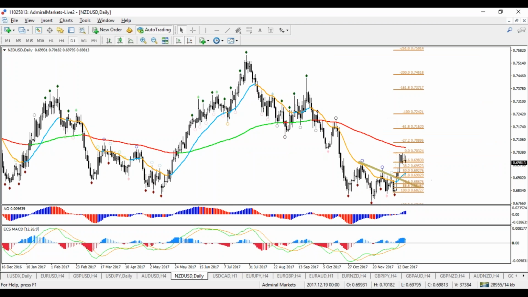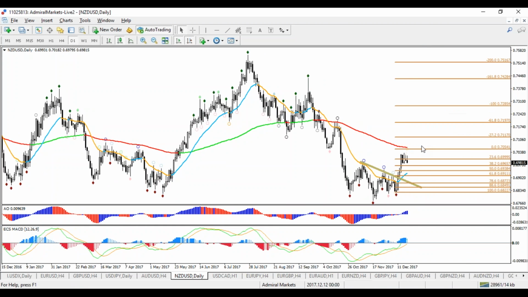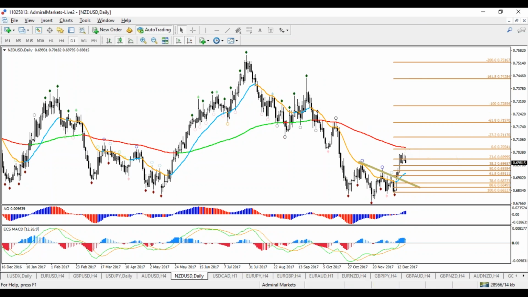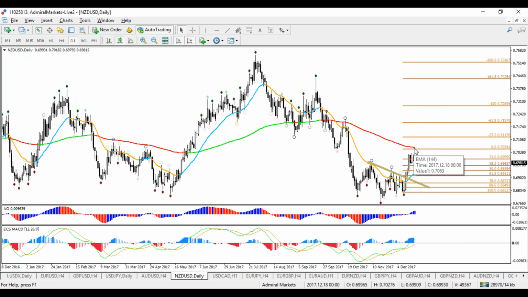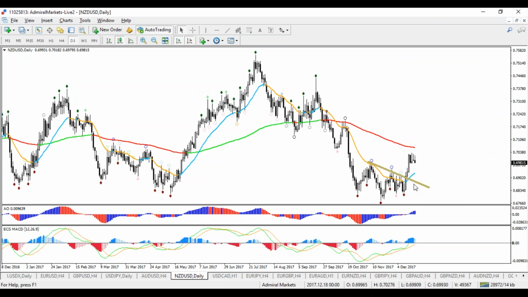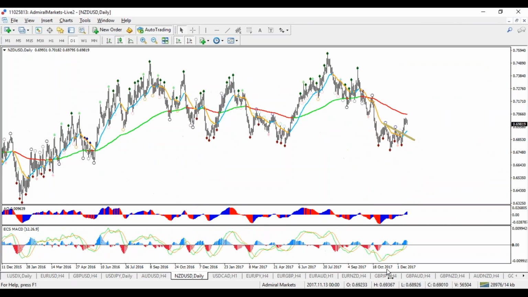Well, Aussie maybe looks a little bit clearer, but it is a bit tricky with these Aussies and Kiwis, especially with the Kiwi, this could be the end of the correction too.